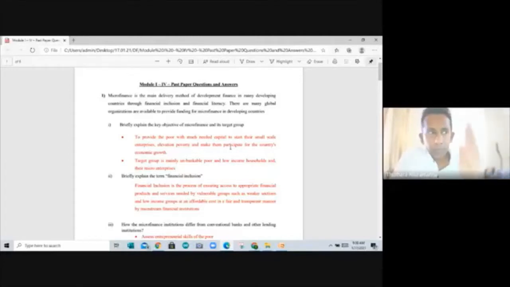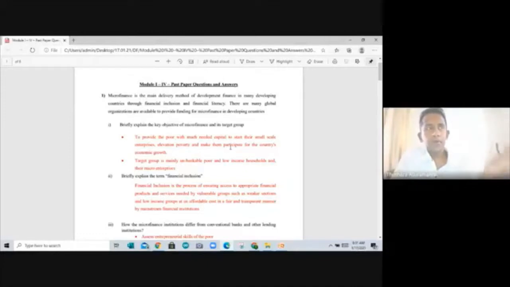So be prepared with that and have your ready-made answer for this type of question, because here, even from the examiner's perspective, he has not given all the necessary points. It could be asked anytime, so you can memorize it and write it. That's one. Target group: unbankable, poor and low income households, and micro enterprises.